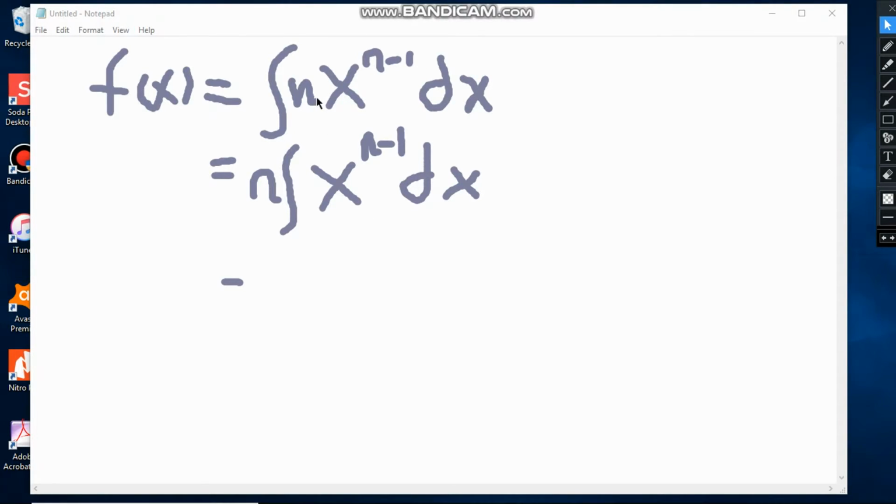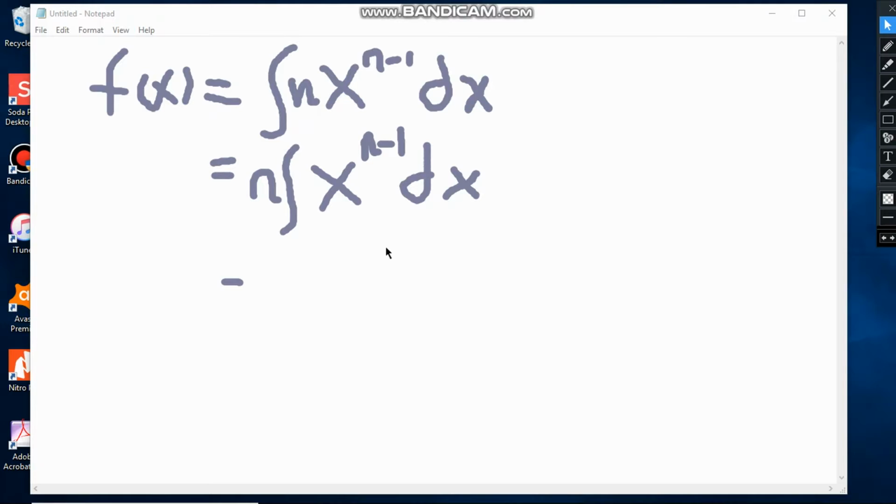And n is a variable that does not vary with the derivative of x, and x is a variable that varies the derivative of x. So we consider n as a constant and we take it out of the integration. It means any constant has no effect on integration, so we deal with x.